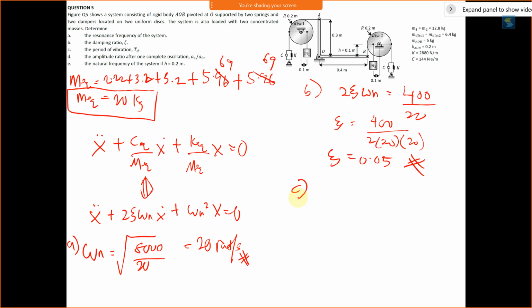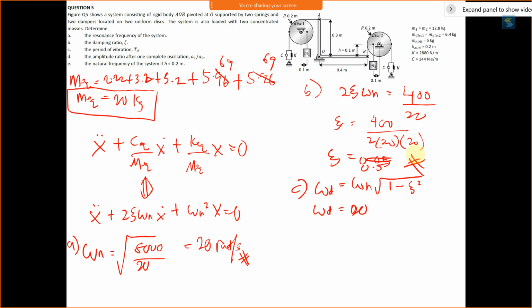Alright, period of vibration. What is our equation? Omega D equals omega n times the square root of 1 minus zeta squared. So omega D equals 20 times the square root of 1 minus 0.5 squared.